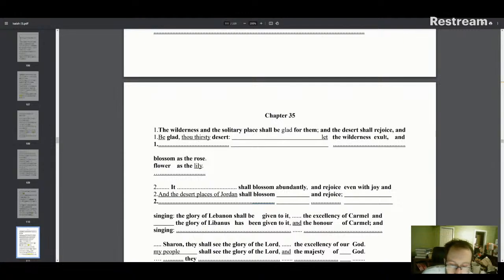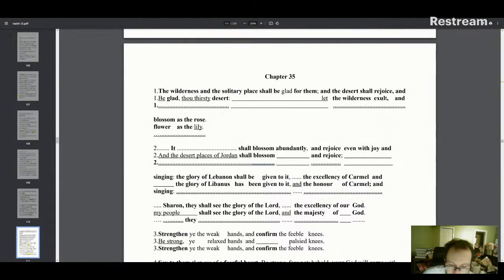Here we have the desert places of Jordan shall blossom. So this is not in the Hebrew. Perhaps this corresponds with something right here.